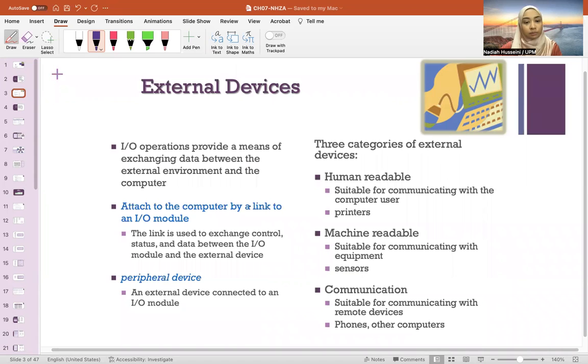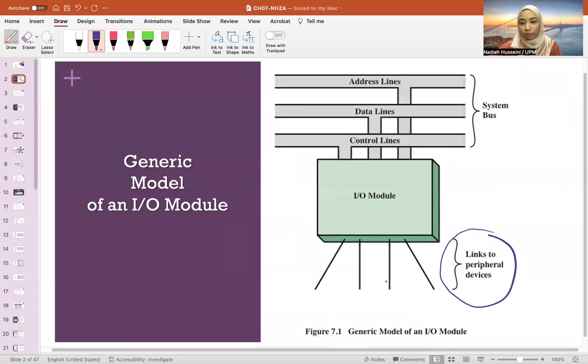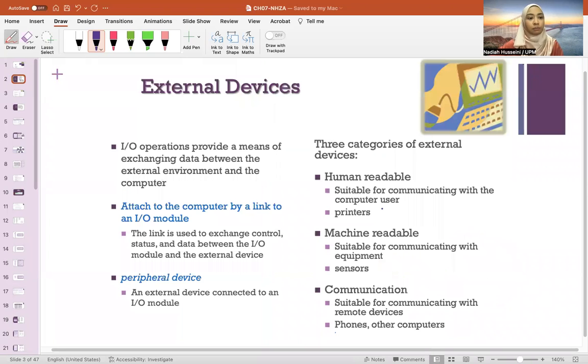External devices are attached to the computer by a link to the I/O module. So we have a link going on here. This is our external devices connected to the I/O module. The I/O module connects us to the computer. So a peripheral device is your external device connected to an I/O module.